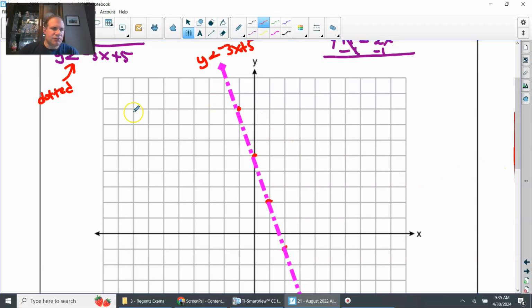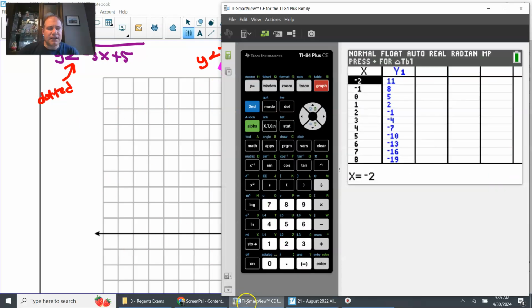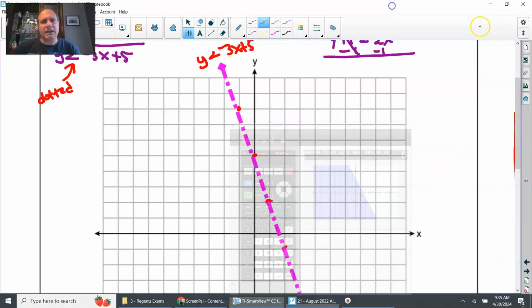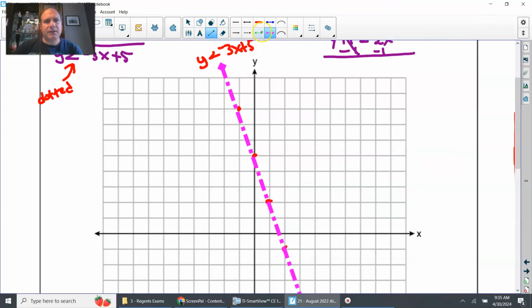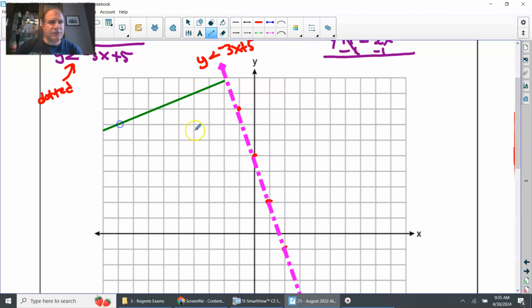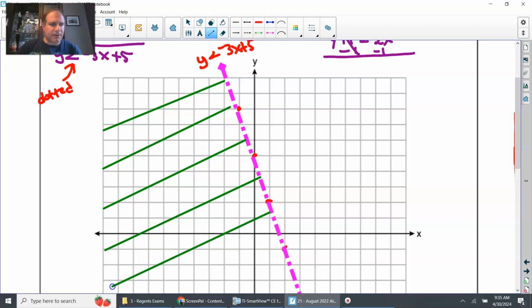All right, and the only thing that we would have to do is to shade. This is less than, so that means it's going to go below the line. And the calculator says below the line, if you look at it, and you see exactly what to shade. So I am going to shade below the line, just like this. Shading below is less than, shading above is greater than.